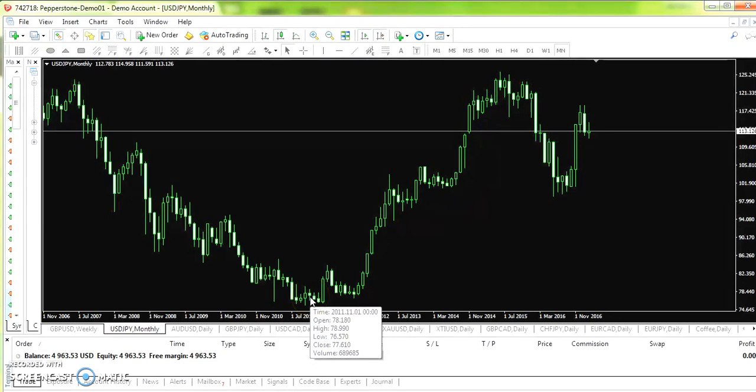So from this up till this, it was about 1st July 2011, this pair has posted the lowest points. After this, it has a swing high and a swing low, right?